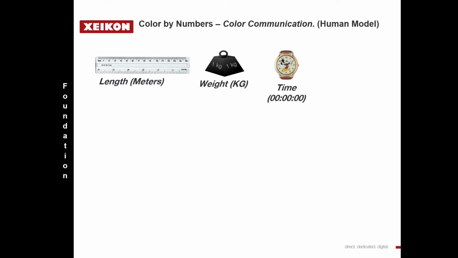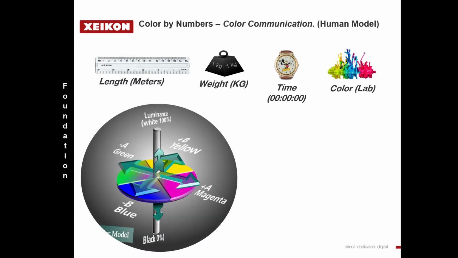So we have some easy ones here, meters for lengths, and we have weight, and we have hours and minutes for time. And for colour, we have something called Lab, L-A-B. And what Lab is, it gives for each colour a unique value described with 3 numbers, an L, an A and a B number.